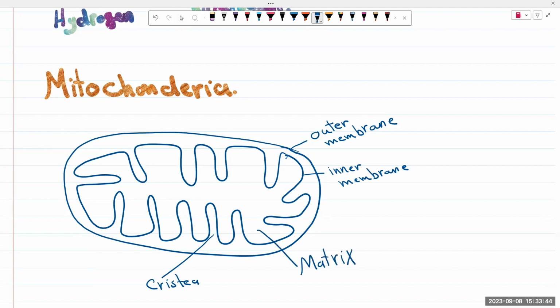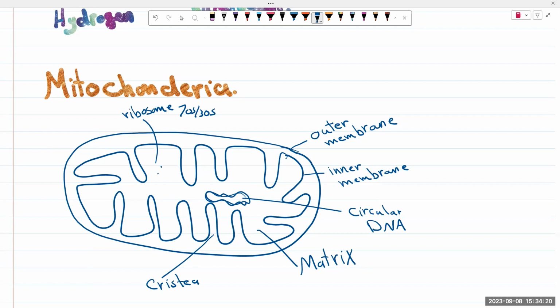What do I mean by media? Inside the cell, there is cytoplasm where reactions go on, anaerobic respiration takes place, protein synthesis takes place. But inside the mitochondria, we do not call it cytoplasm, we call it matrix. Inside that matrix, there is a circular DNA molecule, and there are also ribosomes of type 70S, as we had before.